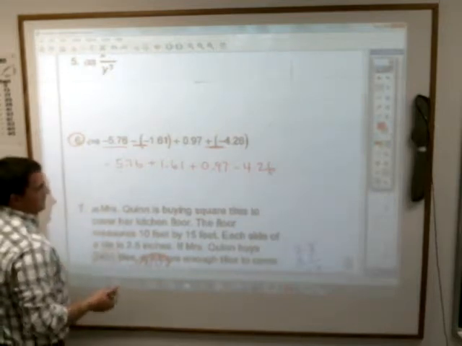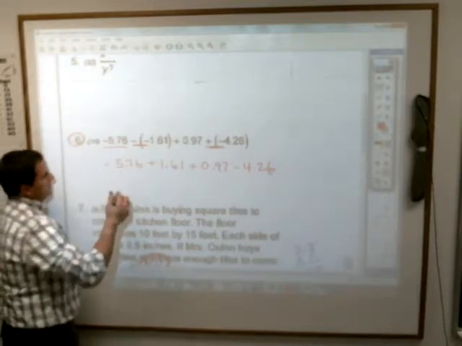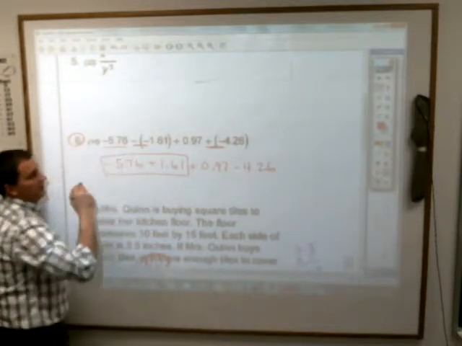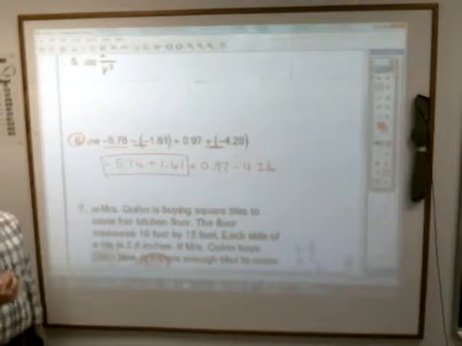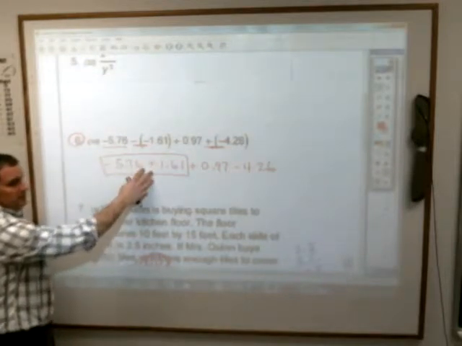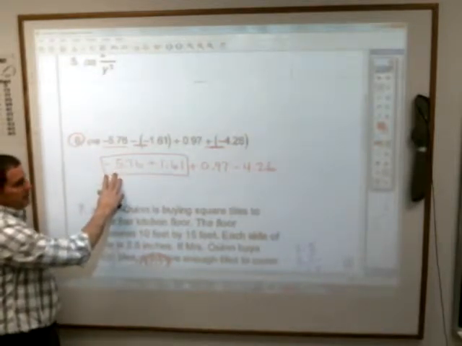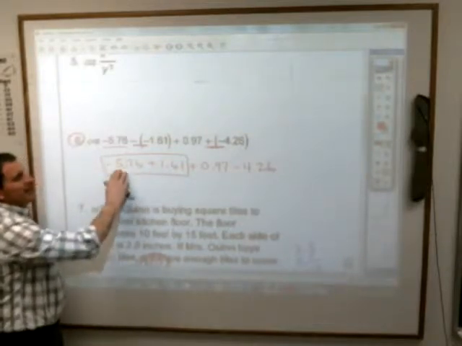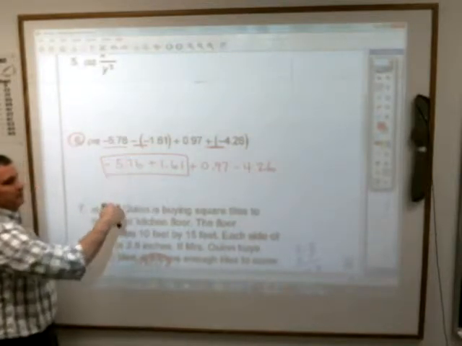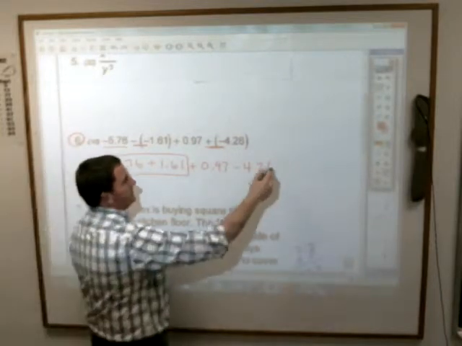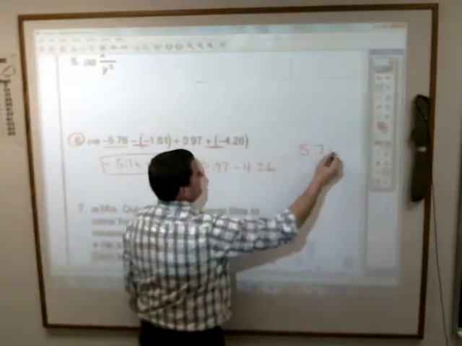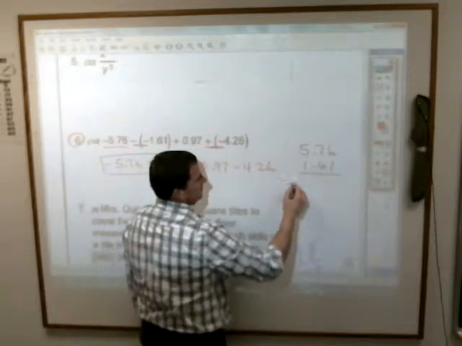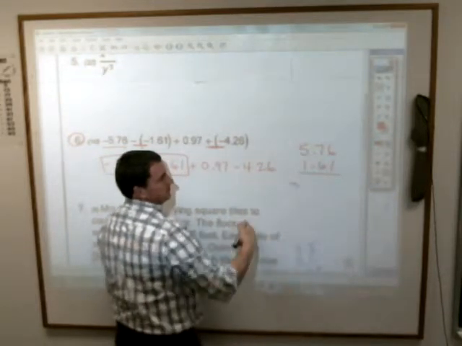It's going to be some goofy thing, but there's a couple different ways to do it, and this is probably the easiest. What do I have to do to put these 2 together? If they're opposite signs, you actually need to find their difference. Even though you say, well, this is plus, if you owe somebody 5 and you have 1, you need to find the difference, and the difference is negative. So you take 5.76, subtract 1.61, and your answer is going to be negative because the negative was a bigger number.